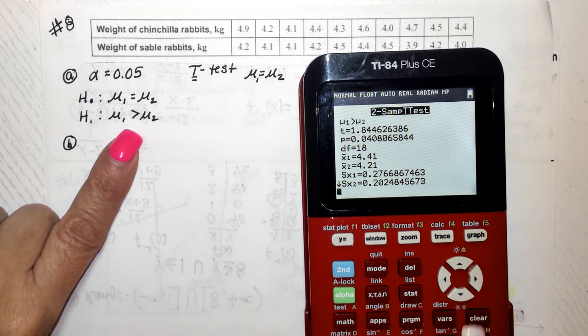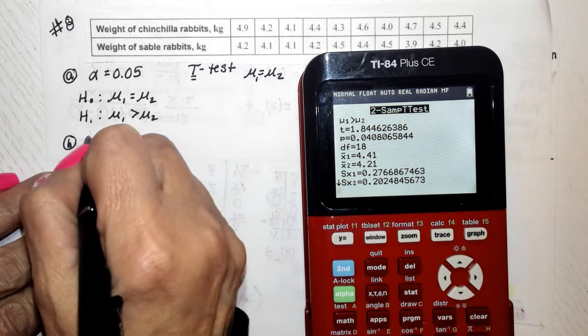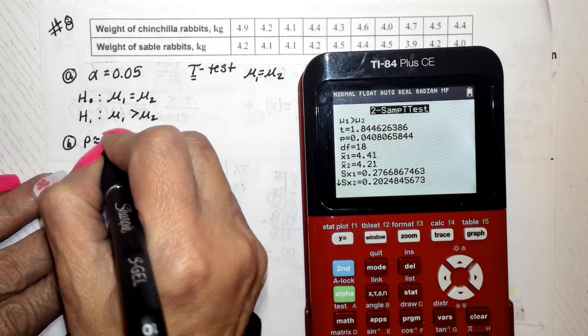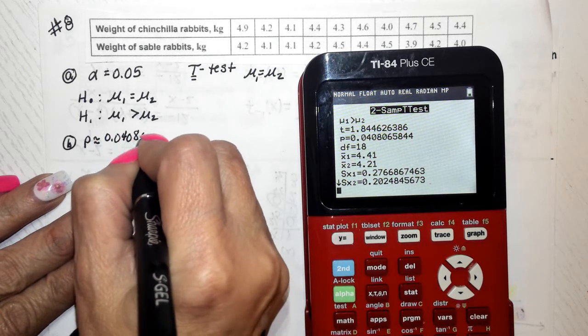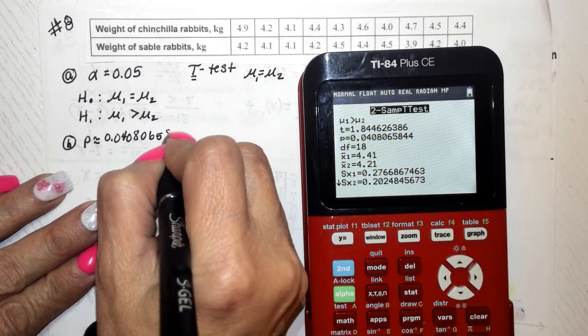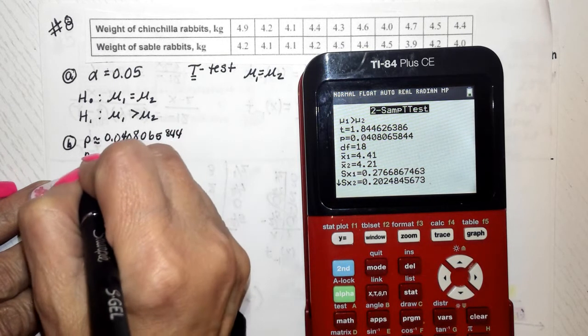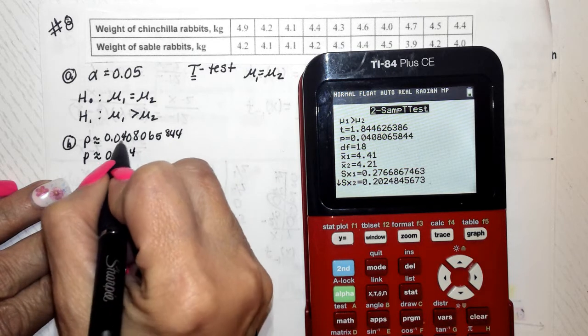And our p-value was 0.0408. So I'm going to say that p was approximately 0.0408065844, and then I'm going to do 3 sig figs, 0.0408.